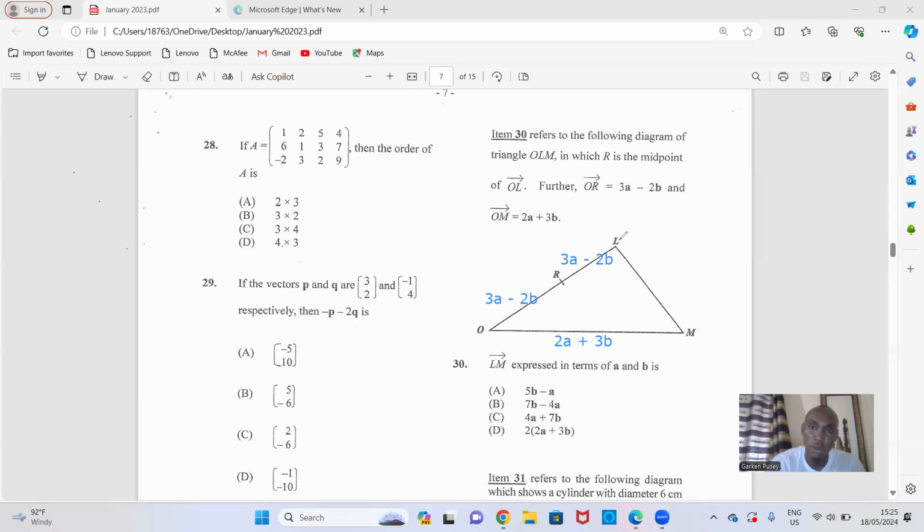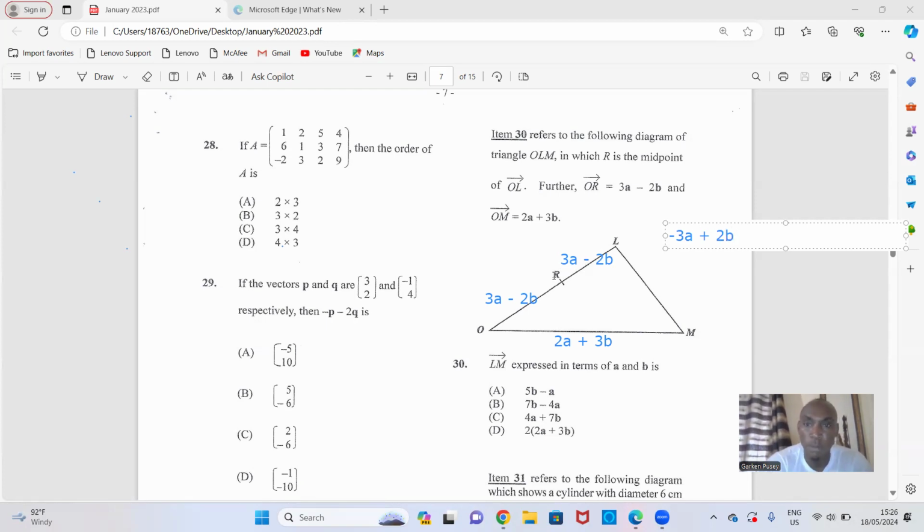So once you're going in the opposite direction of the vector, the sign will change. So let me start from L to R. So this will be negative 3A because we're going in the other direction. And this minus 2B will become plus 2B.